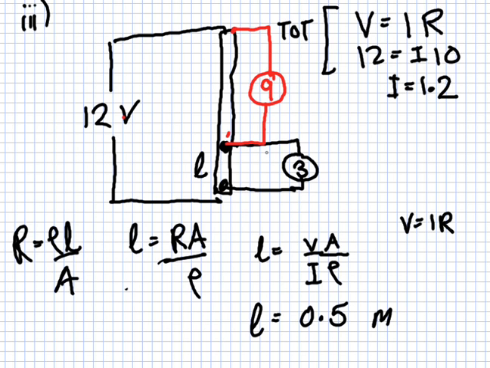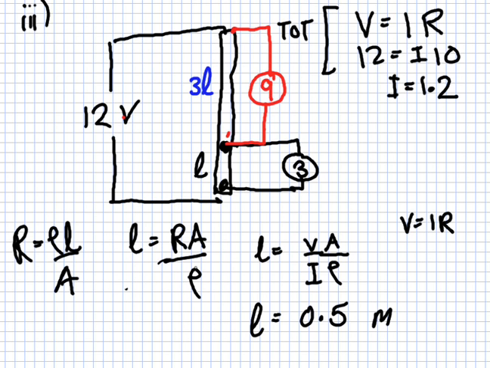What I mean by this is 3 to 9, the voltage ratio is going to be the same as the length ratio. So if this length I call L, then this length here must be equal to 3L, because its voltage is 3 times bigger. It loses 3 times the voltage because it's 3 times the length, and length is a proportional variable.